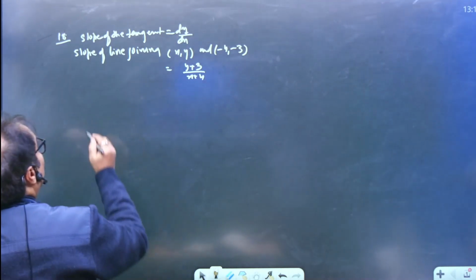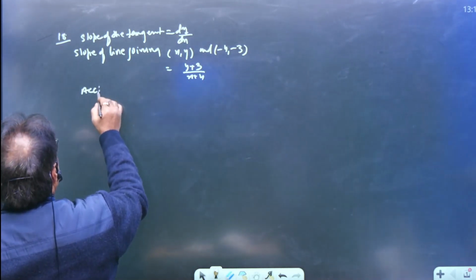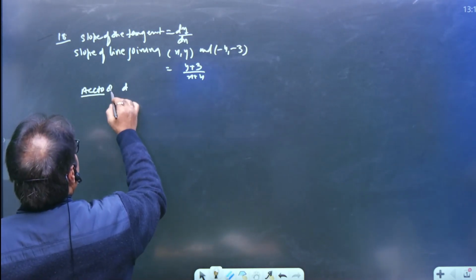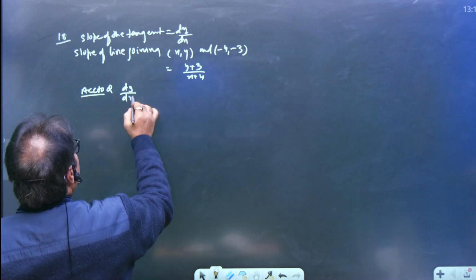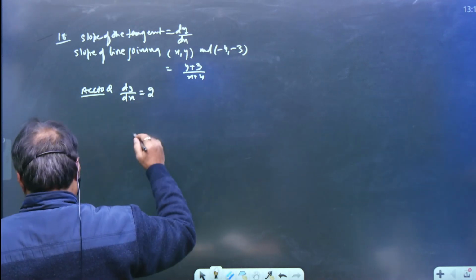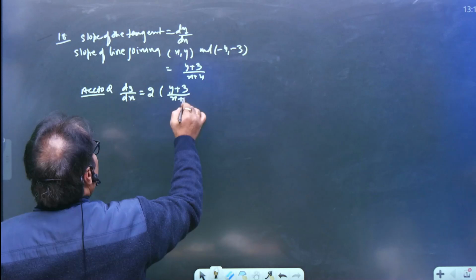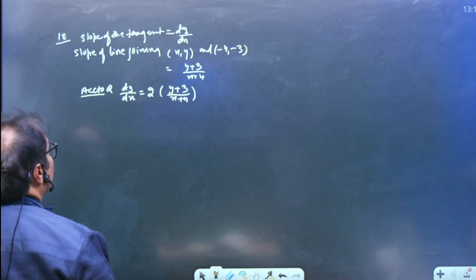And according to the question, the slope of the tangent, means dy by dx, is equal to twice the slope of the line joining. Okay, so twice of this.